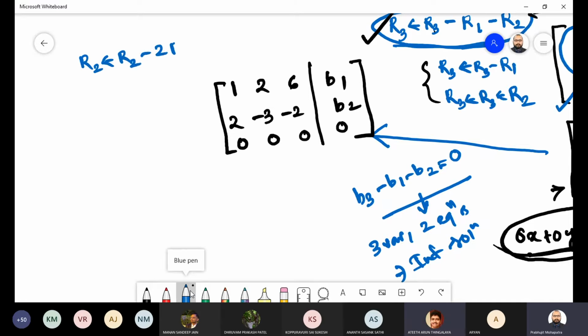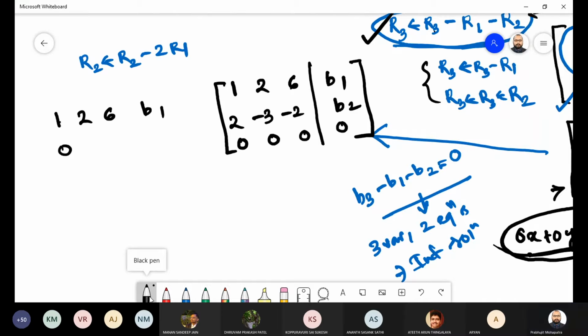Then you are going to have 1, 2, 6, B1, then 2 minus 2 times 1, that is 0, minus 3 minus 2 times 2, that is minus 7, then minus 2 minus 2 times 6, so minus 14, then B2 minus 2 times B1.